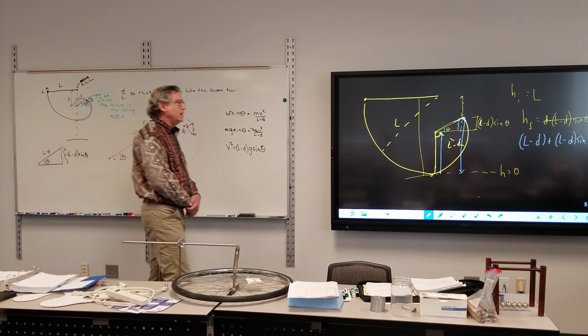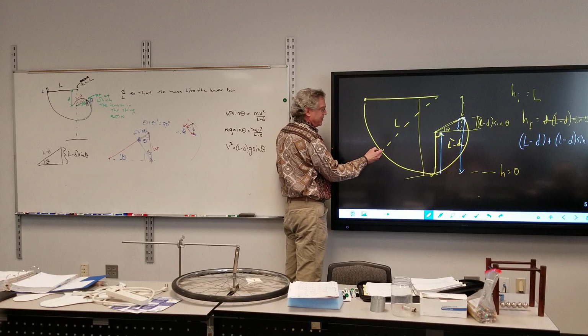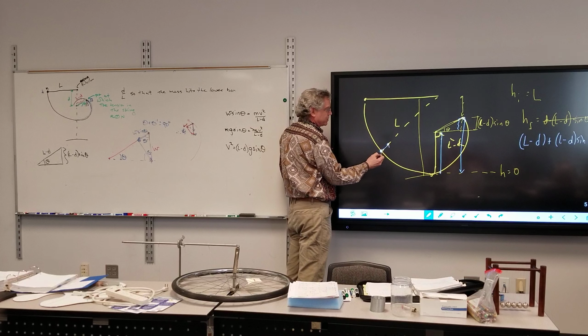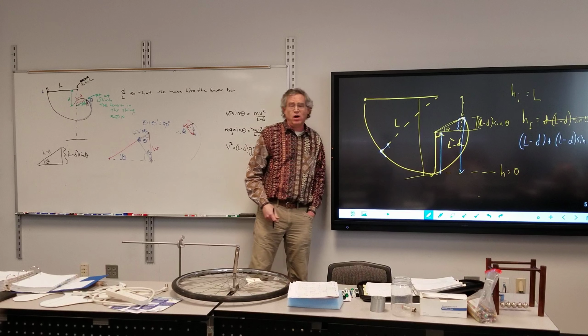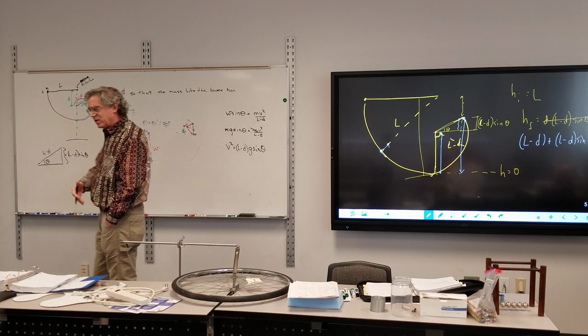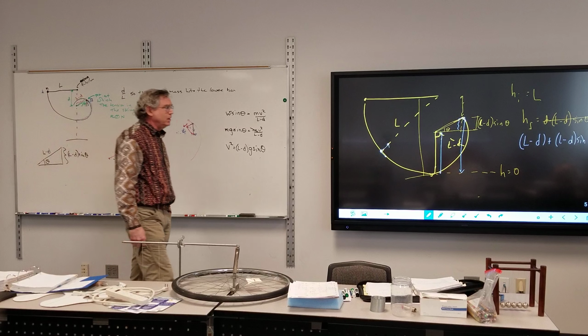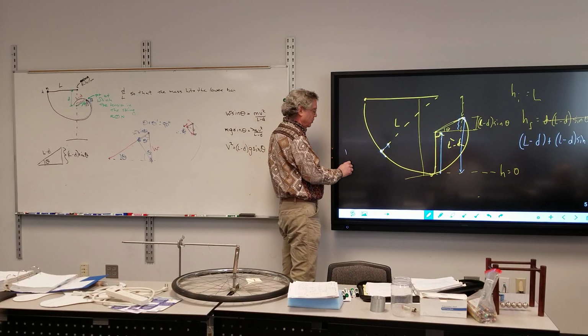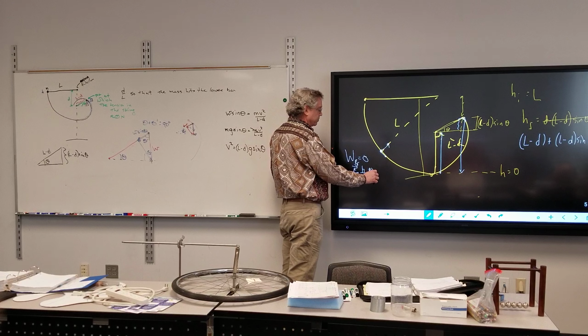At this point right here, the tension is in that direction, but the movement's in that direction. The tension is always towards the center, and the movement is always perpendicular to that. Therefore, the work by the tension is zero, because the tension is perpendicular to the displacement at that moment.